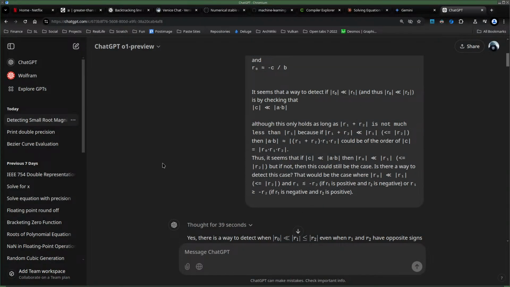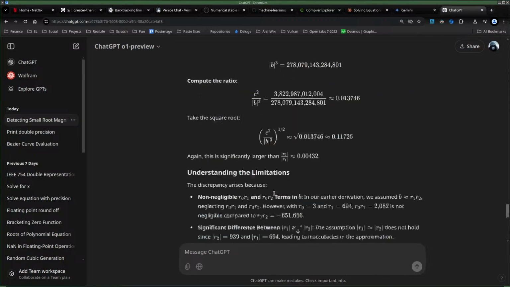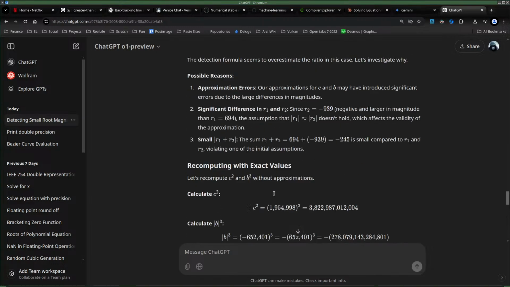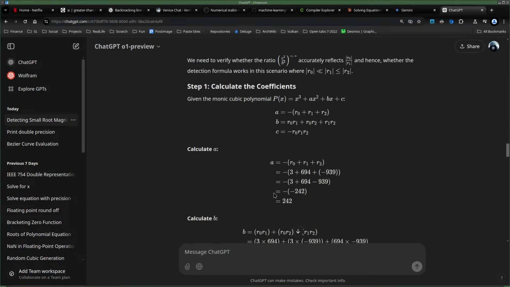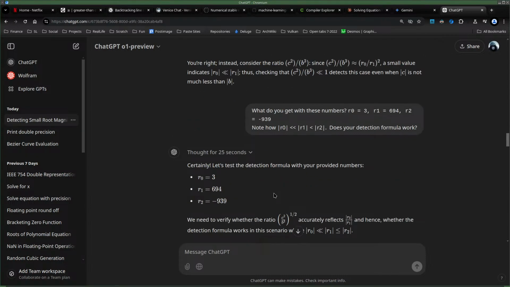Well, then why is it saying that I was right because I was arguing? But then it calculated it and it came to the conclusion. No, I was not arguing. I was just asking it to check it. And then it figured out that it didn't work. What? It should totally work.